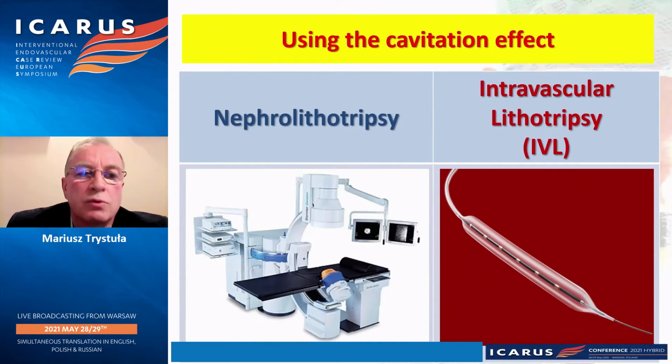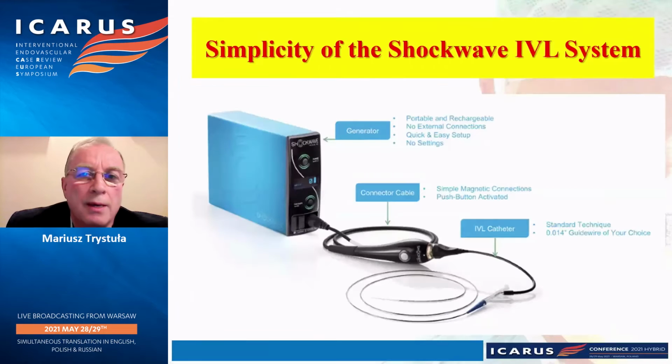These shock waves are strong when they are very close to the imploded bubble, but rapidly weaken as they propagate away from the implosion. First, the method was used to crush kidney stones. In the 2010s, IVL obtained the CE mark for use in coronary and then peripheral arteries.